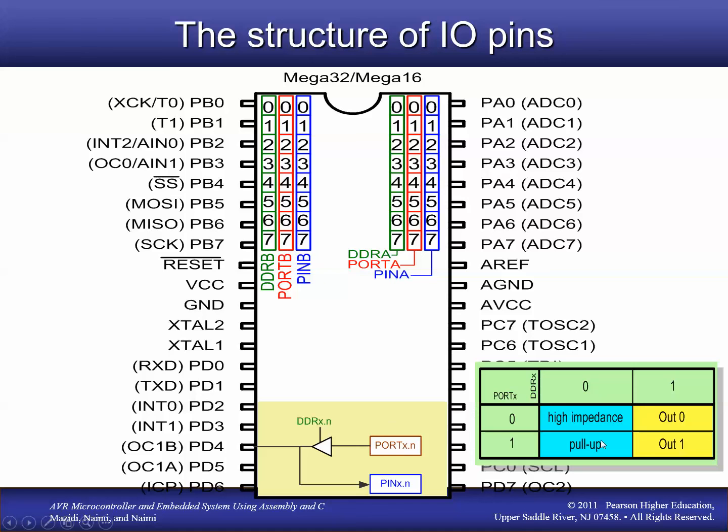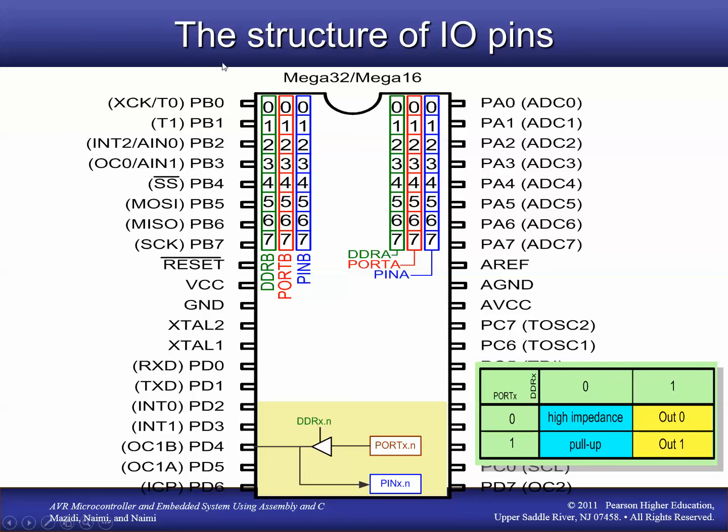And then the port X register has 2 functions. If the pin is an input, port X either enables or disables the pull-up resistor, which we'll talk about at the end of this video. And if that pin is an output, then the port X register either sets the voltage to be high or low on that pin.